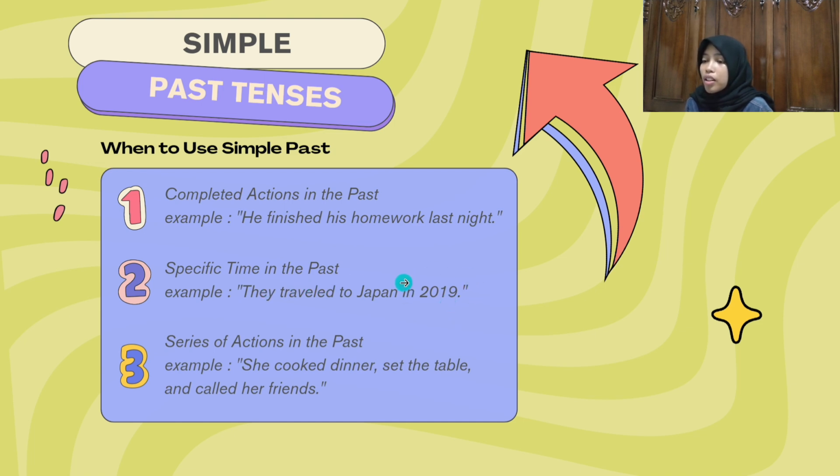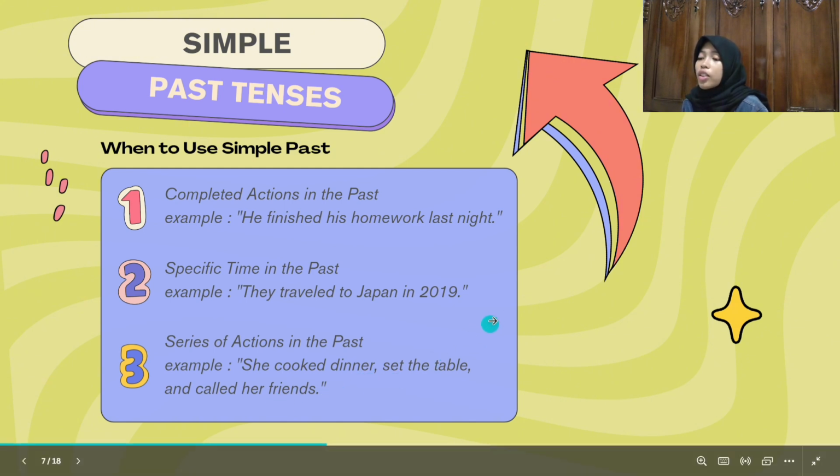The specific time in here is 2019. And last is a series of actions in the past. Example: she cooked dinner, set the table, and called her friends.